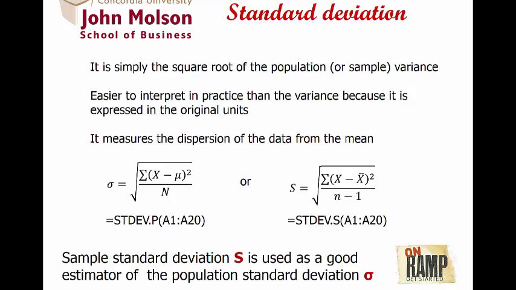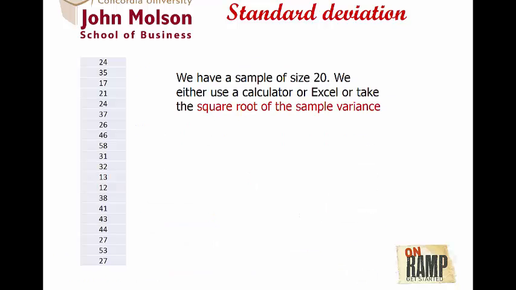Variance was sigma square, standard deviation is sigma. Variance was S square, the sample standard deviation is S. So that makes it very easy to obtain. It's simply the square root. So in our example here, I would like to find the standard deviation. So it's simply the square root of my variance.